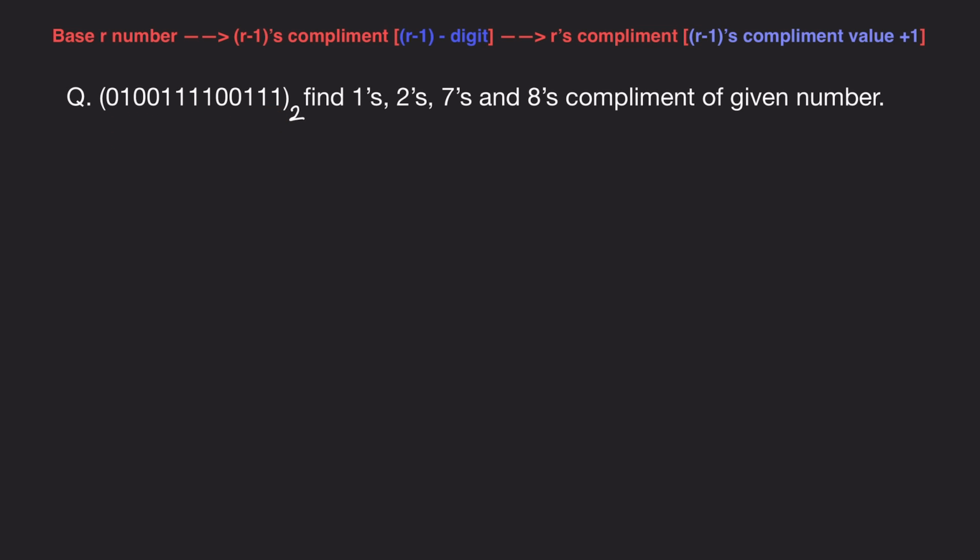After that we can find r minus 1, meaning seventh complement, and r's complement. So first we convert this number into a base 8 number. Make pairs of 3 bits. If you have not seen my previous video, go through the fifth video of this playlist, where you can understand how I convert this number into base 8 directly.